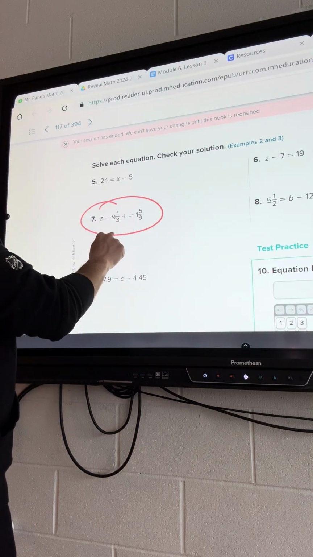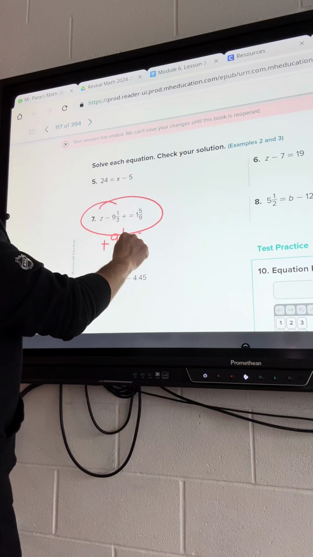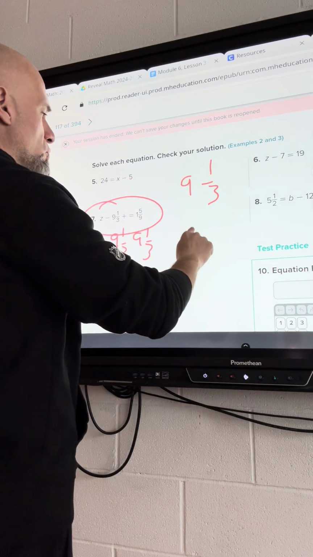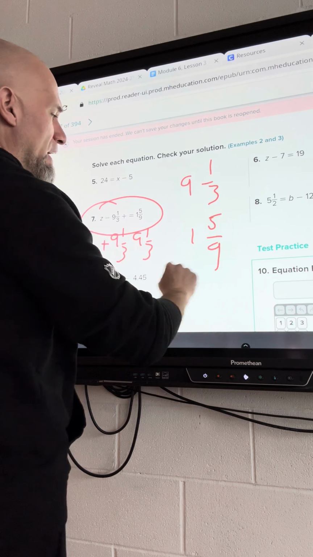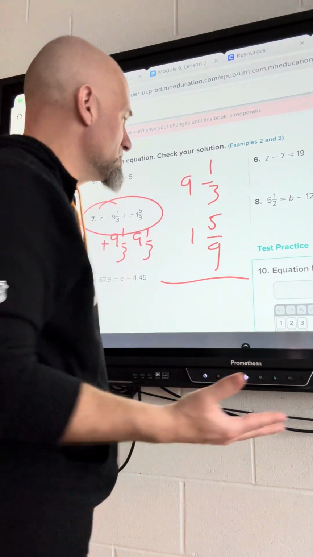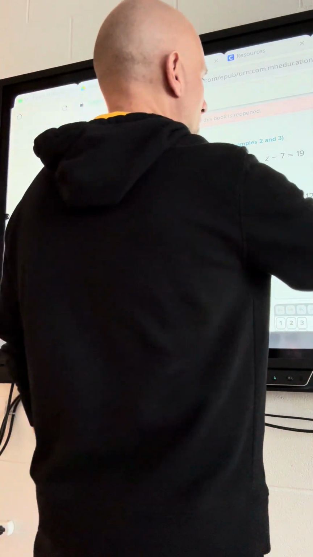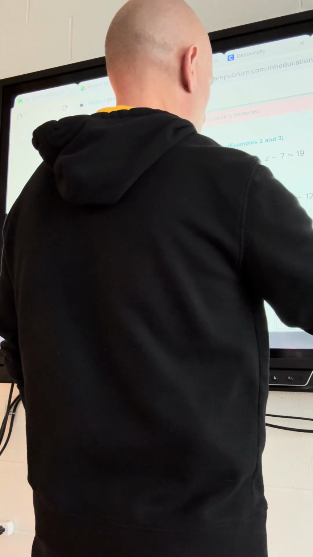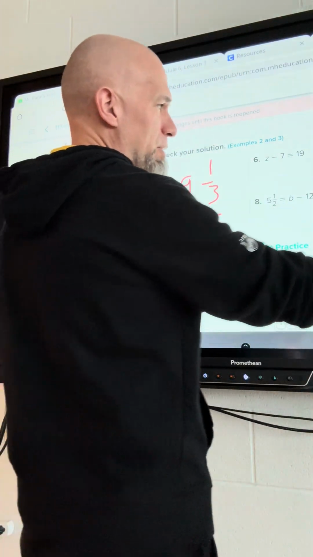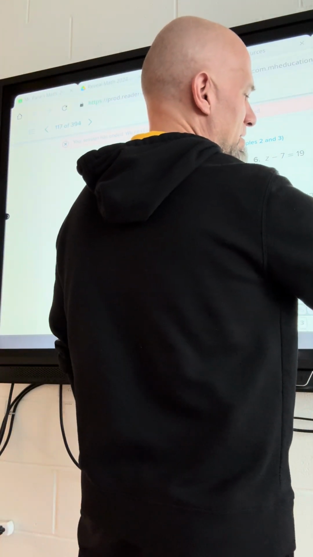We have to add 9 1/3 to both sides. So we're adding 9 1/3 to 1 5/9. We have to have common denominators. If it's easier for you to make them into fractions, you can. This would be 28 thirds, and this would be 14 ninths. Easiest thing probably to do would be to change them to ninths.